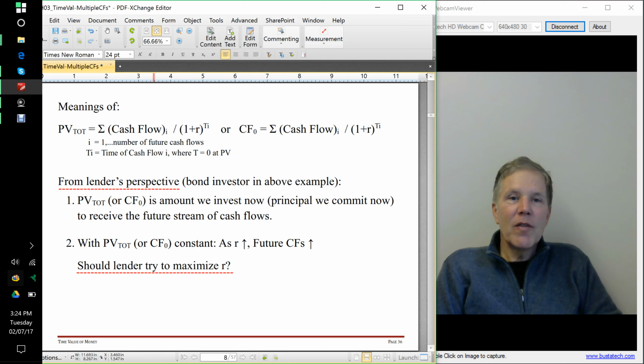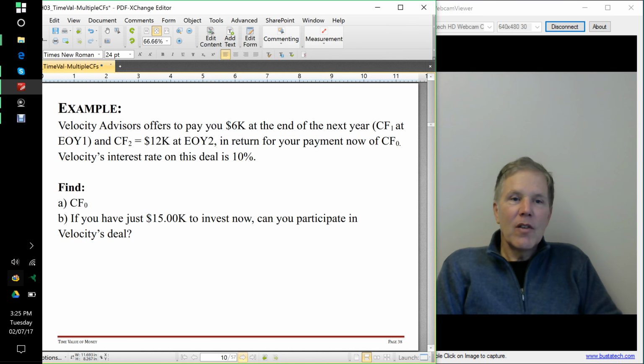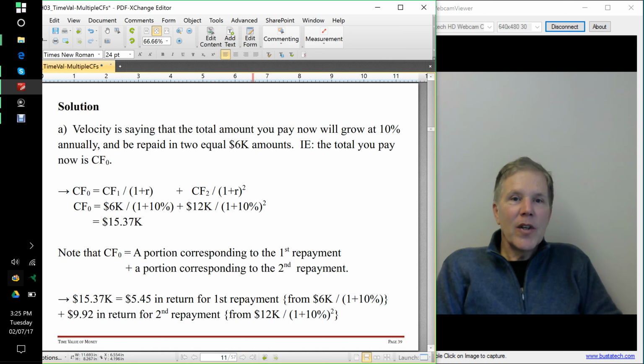We know all the future cash flows, we know the interest rate, we know when they happen. So we're going to want to find CF0 or PV total. Okay. And also, then we're going to want to ask if we have just 15,000 to invest now, can we participate? So this is going to be very much like the first little example that we did.